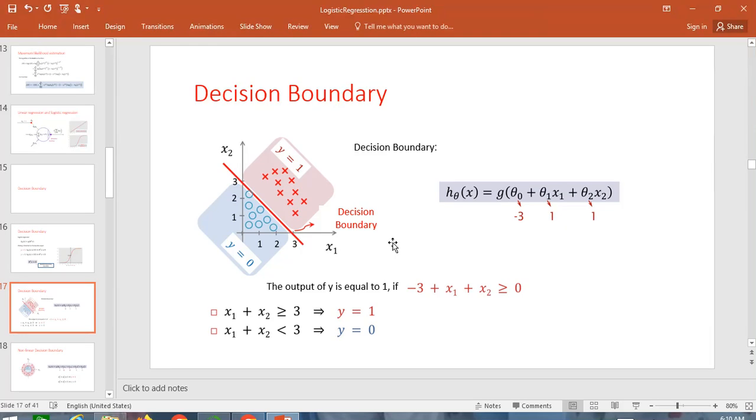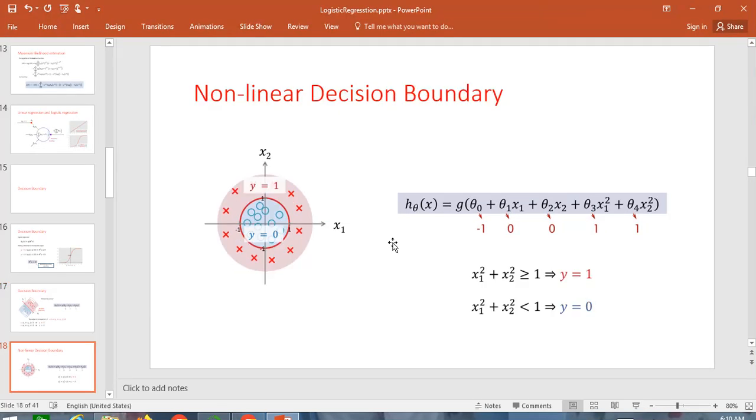In previous videos, we have defined parametric methods. Now that we have the boundaries and the parameters, we no longer need the training data set. Even if the decision boundary is not a linear function, the principle of work will not be different. In this case, the function of our hypothesis must be of higher degrees.